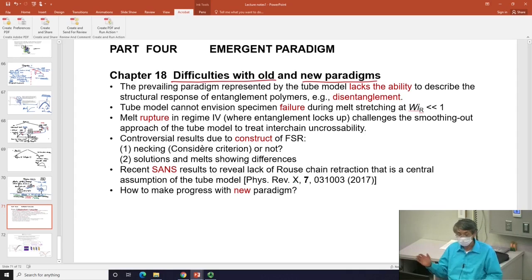And as a consequence, it retracts no matter what is the degree of deformation. Therefore, there is no linear response because it will always show a different level of stress relaxation, depending on the strength, which means there is no linear response.